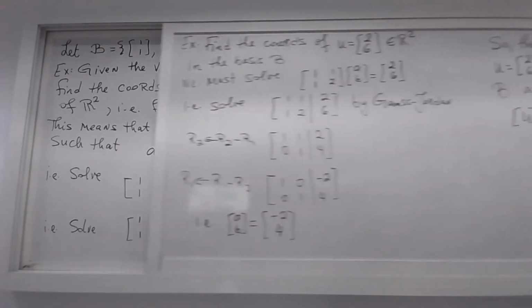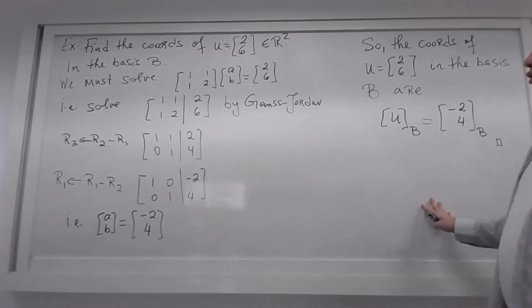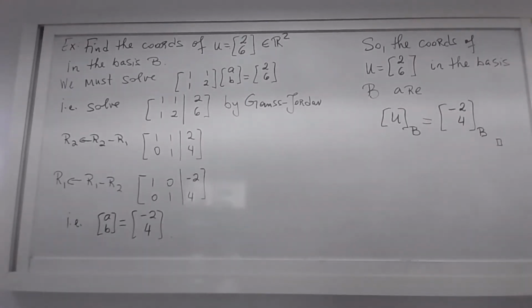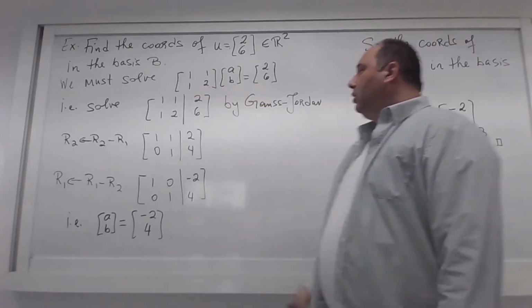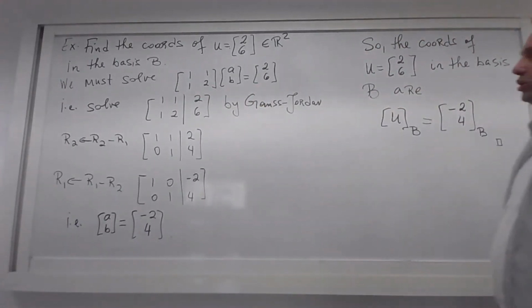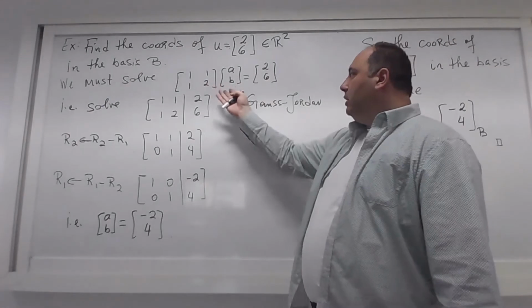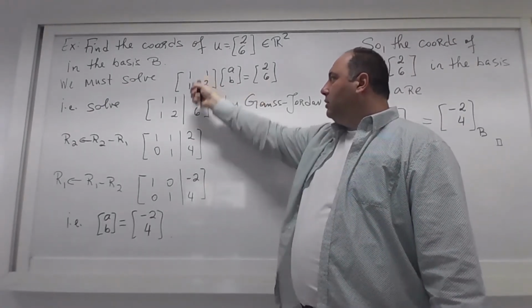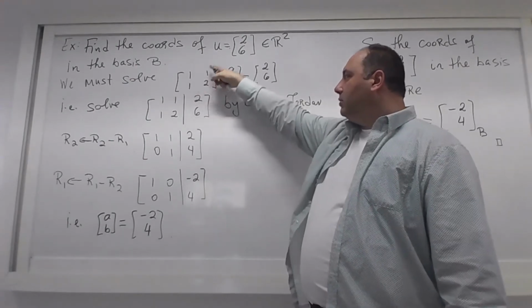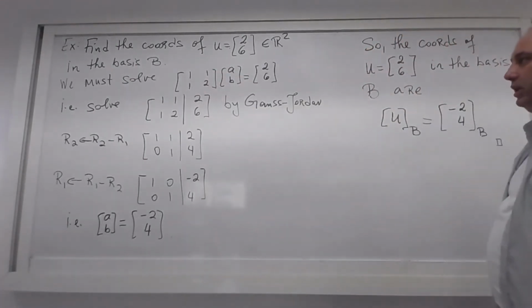Another example, we have a vector (2, 6) in R2, and we need to find the coordinates of the vector (2, 6) in the basis B. Again, we need to solve a non-homogeneous system. This comes from the definition of linear combination. We need to solve a non-homogeneous system where the matrix A has the basis vectors from B as its columns.